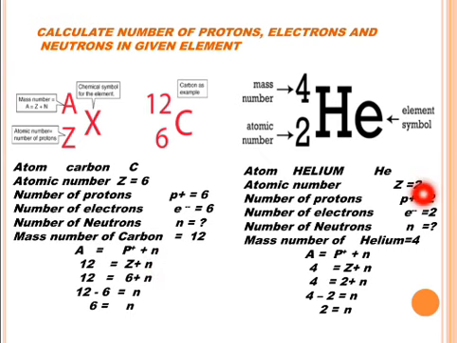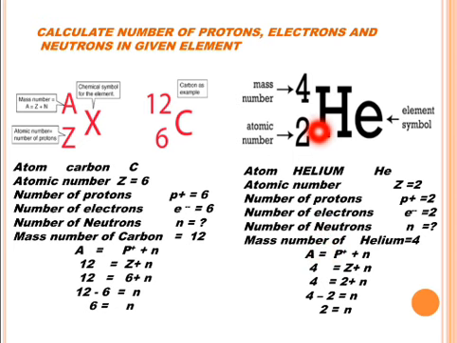Similarly, see the example of helium. Atomic number of helium is 2. So number of protons are 2, number of electrons are 2. Mass number is 4, but number of neutrons are not shown. We can calculate number of neutrons in this helium element by subtracting the number of protons from mass number, that is 4.